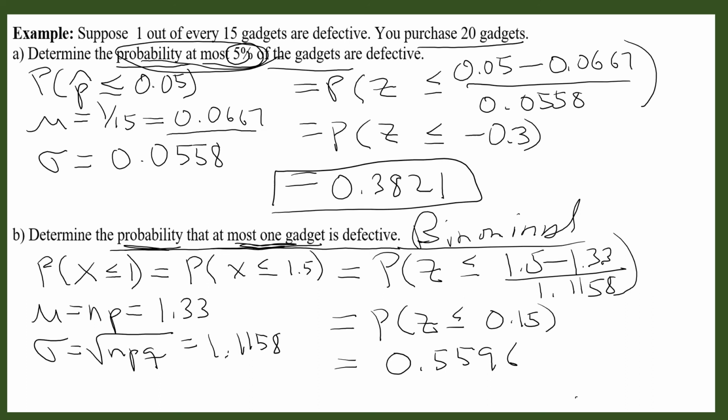Okay? So be careful because again, here I was talking about the probability of a percentage, a proportion. Here, probability of at most one gadget, 0 or 1. I'm counting the number of defective. Binomial. You could have used the formula 2 times because x less than or equal to 1 would be 0 or 1.